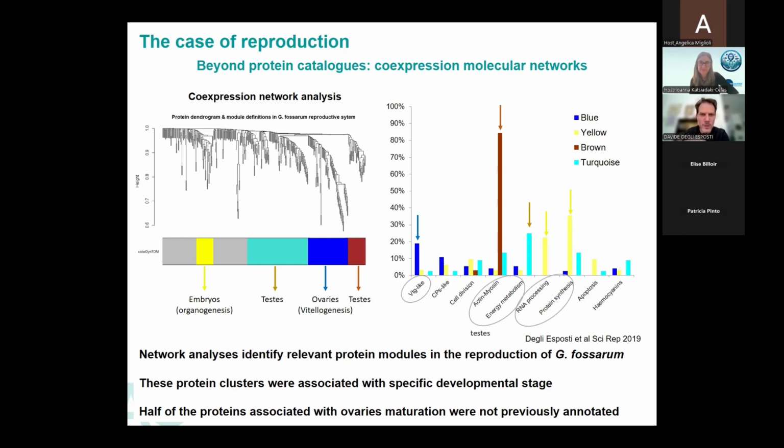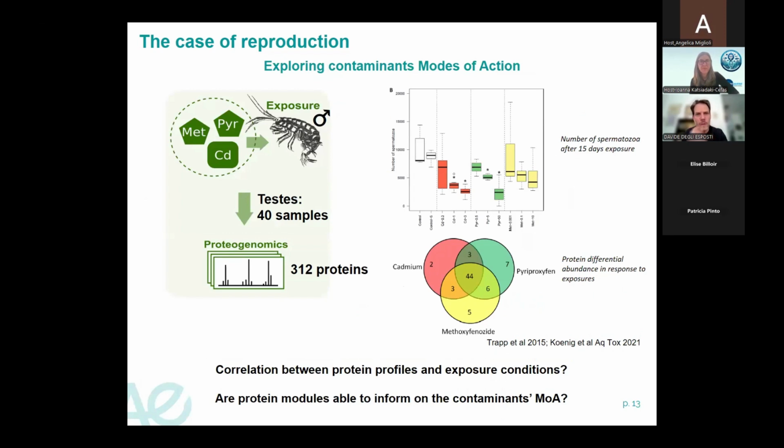And so we decided to use the same approach to explore the contaminants' modes of action. We applied it to previous experiments in the lab based on the exposures of males to two insecticides, methoxyfenozide, which is an agonist of the ecdysone receptor, pyriproxyfen, that is another insecticide that is a juvenile hormone agonist, and cadmium, which is known to be toxic for male reproduction in gammarids.